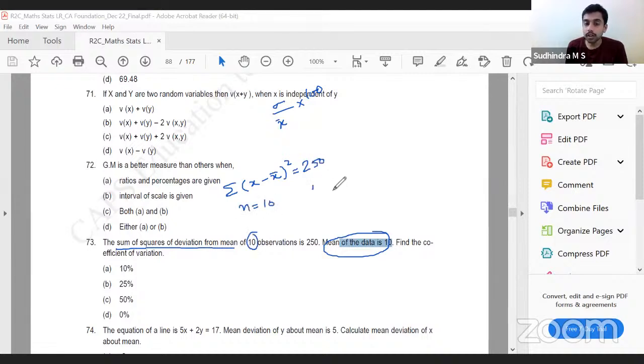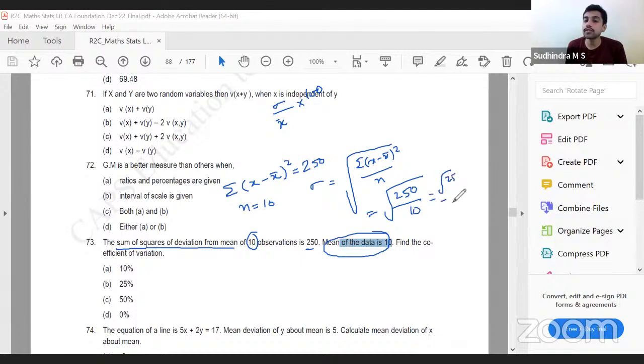And I know standard deviation is root of summation of x minus x bar the whole square by n. So this is 250 divided by 10. 250 by 10 is 25. Square root of 25 is 5. So standard deviation is 5. Arithmetic mean is 10. Standard deviation by arithmetic mean, 5 divided by 10 into 100, is 50%.